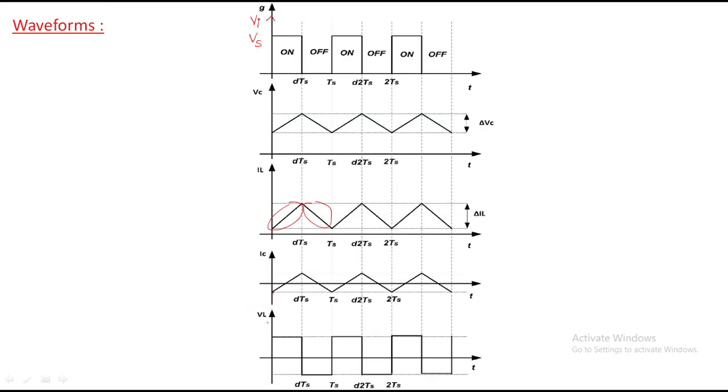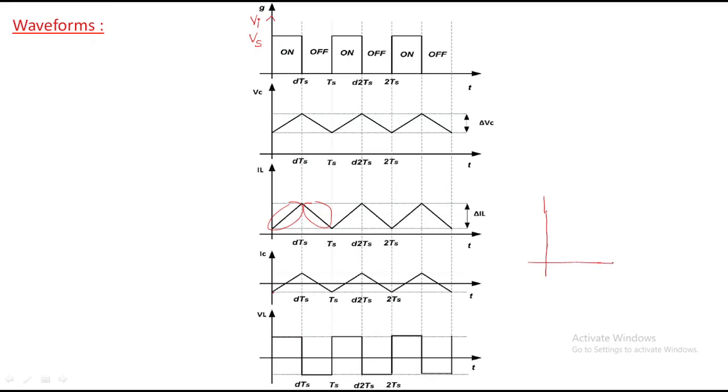And this is the inductor voltage. For the on time period the voltage will be positive like this, and for the off time period it will be negative, positive and negative like this. Finally we write the output voltage. The output voltage waveform is missing here.